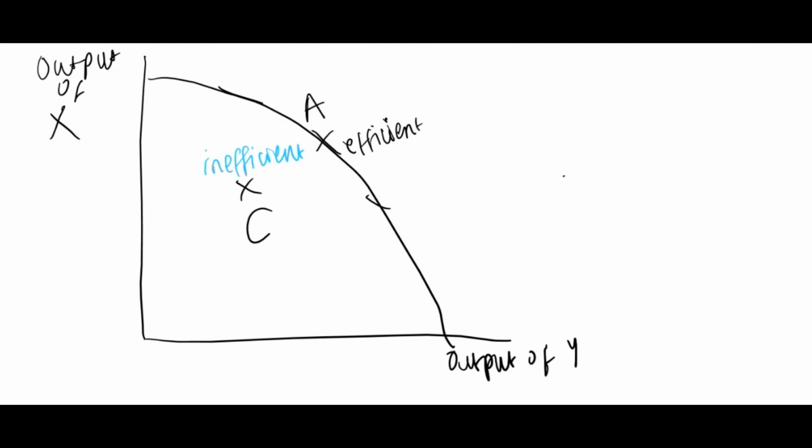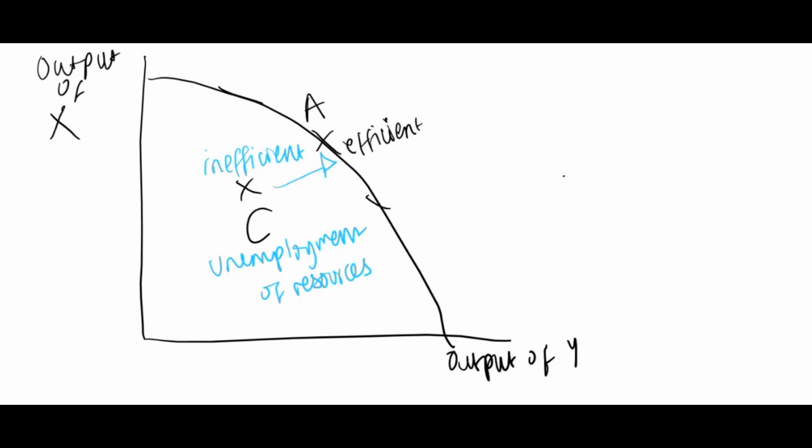We are not using our factors of production efficiently, which means that we obviously want to get closer to this. This is our ideal. This is our production possibility frontier. So there's unemployment of resources at this point. This is not good. We don't want to be at C.